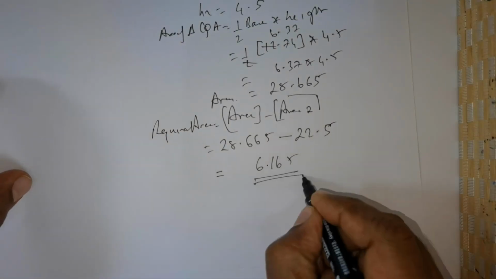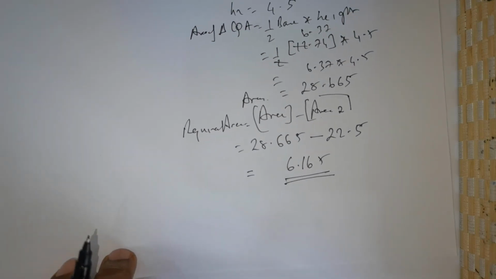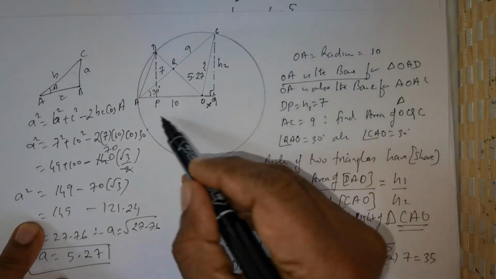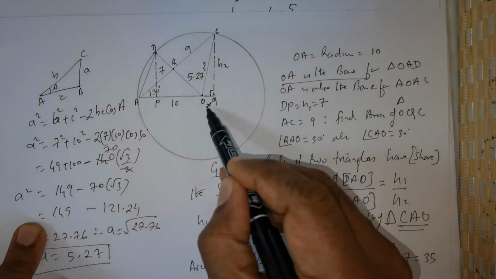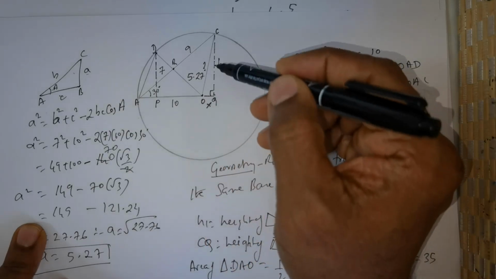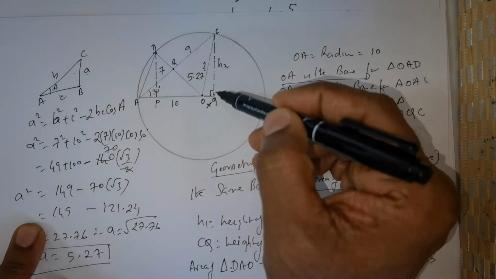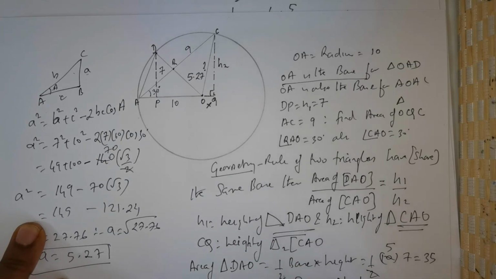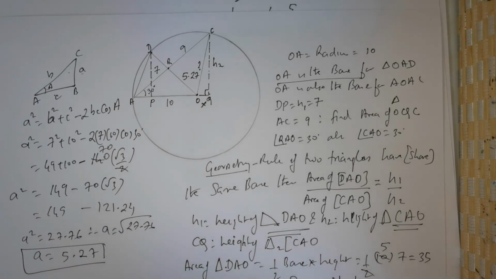Now you see this 6.165, so that is agreed. So the value that we have got in the first case, and the subsequent entire base and area calculated using the base and the height, clearly ascertains that what we have done is absolutely correct.